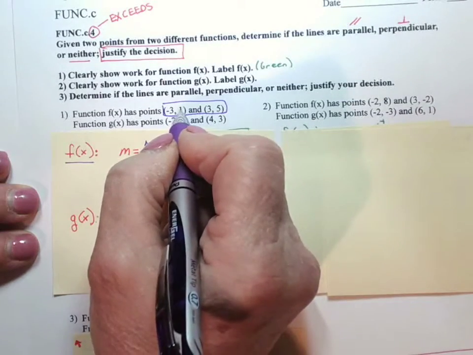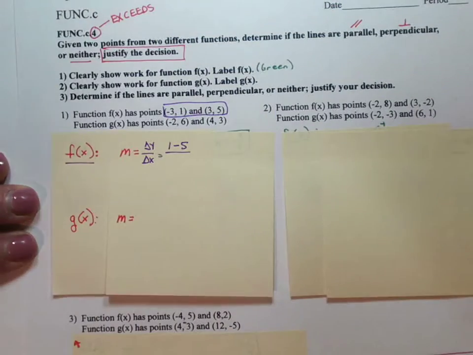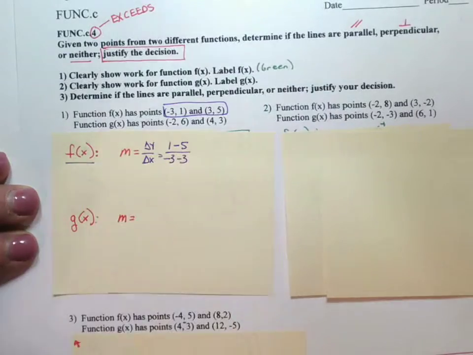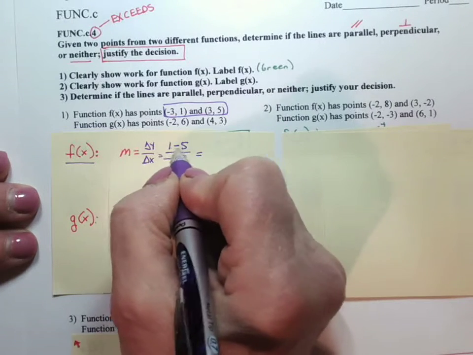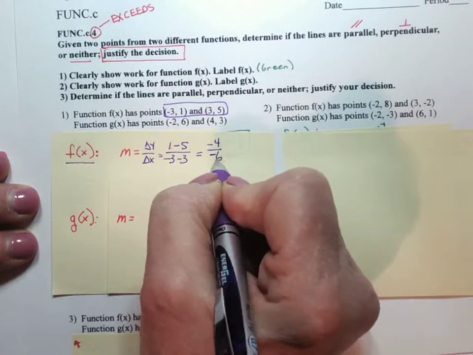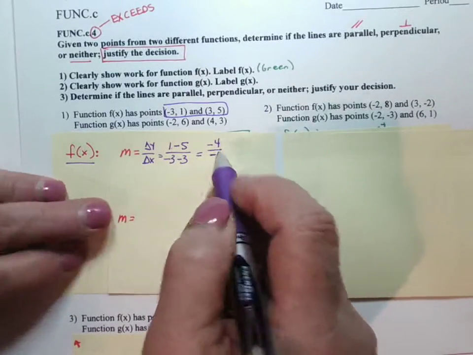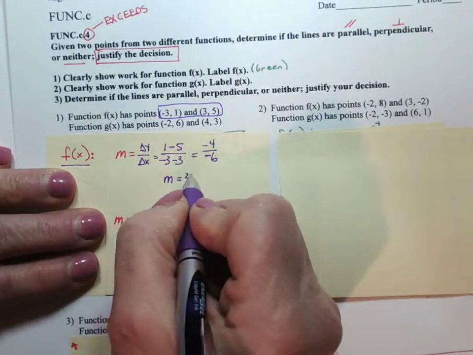So I take my y coordinates, I subtract them, 1 minus 5. I take my x coordinates, I subtract them, negative 3 minus 3. And so I get negative 4 over negative 6. And I can reduce this, so the slope of the first function is 2/3.